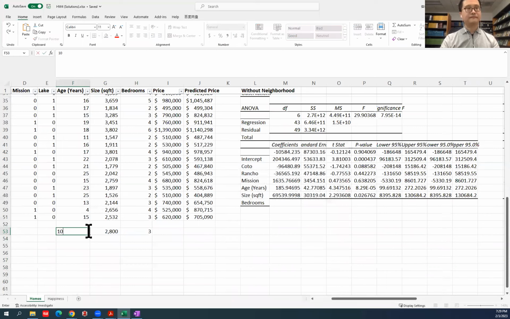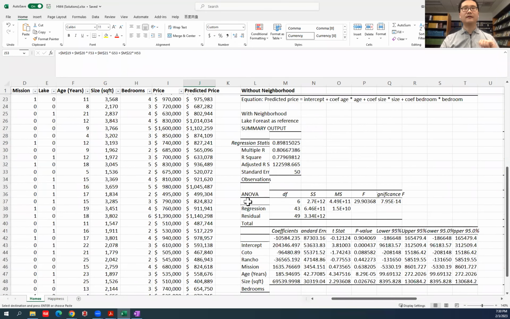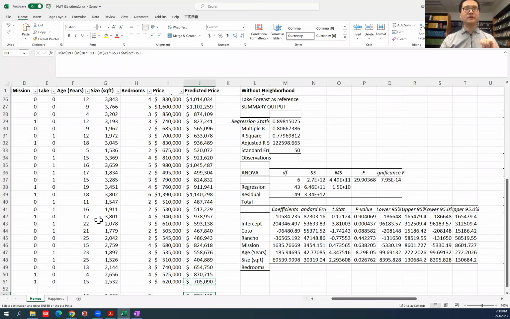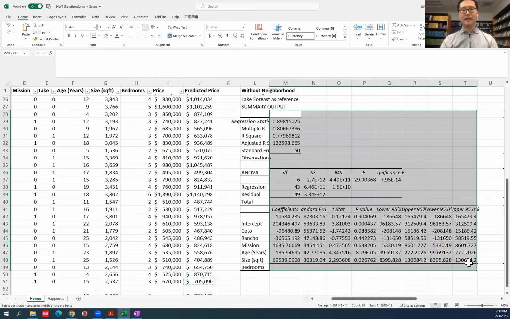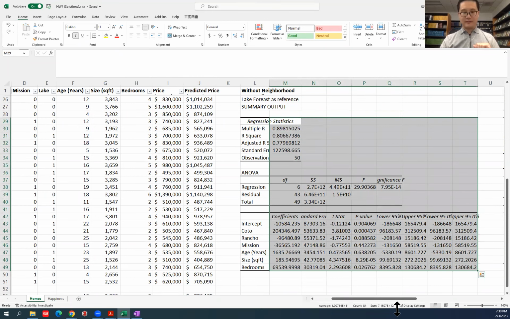All right, then we simply interpolate this value using exactly the same formula that we would use to calculate a predicted price within the observed cases of houses. Any questions regarding how we calculate a predicted price for a specific case that's not observed in the acquired sample?